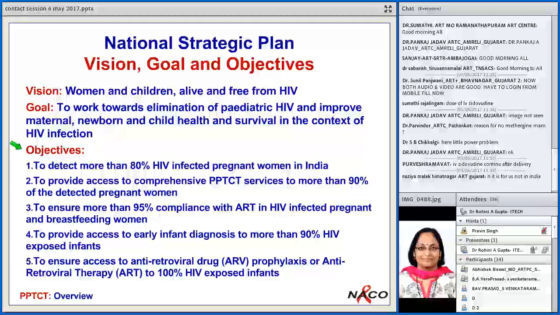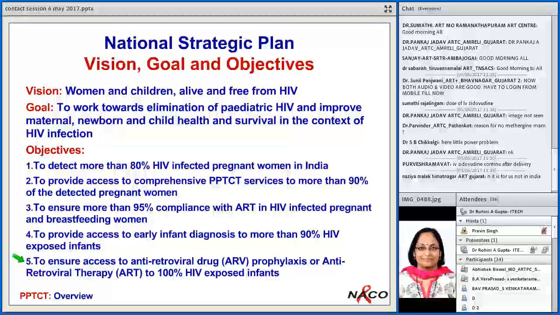And how will we achieve this goal? By these objectives: to detect more than 80% of HIV infected pregnant women in India; to provide access to comprehensive PMTCT services to more than 90% of the detected pregnant women; to ensure more than 94% compliance with ART in HIV infected pregnant and breastfeeding women; to provide access to early infant diagnosis to more than 90% of HIV exposed infants, a very big challenge.